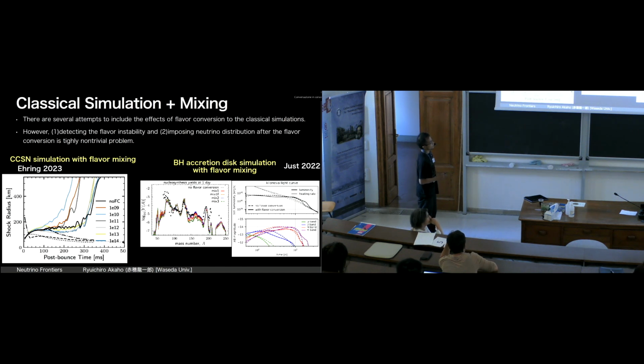And even if you can detect the angular crossing or flavor instabilities, imposing the neutrino distribution after the asymptotic state of the flavor conversion is difficult when you don't have the full momentum space information.